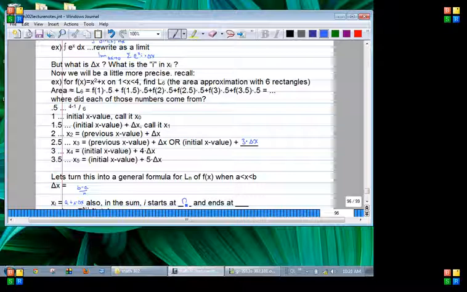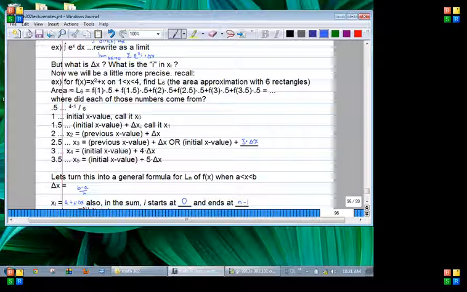And what was the last i value? In this example, in L6, what was the last i value? It was 5. So for n, what do you think is going to be the last i value? n minus 1.